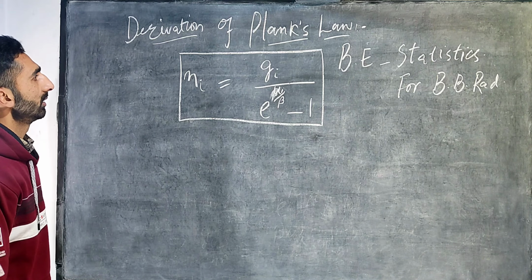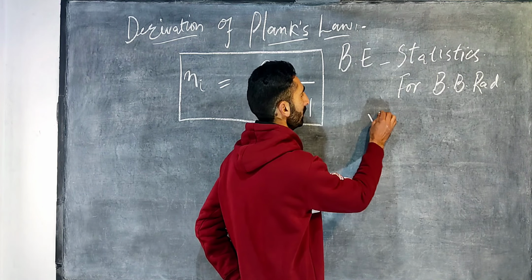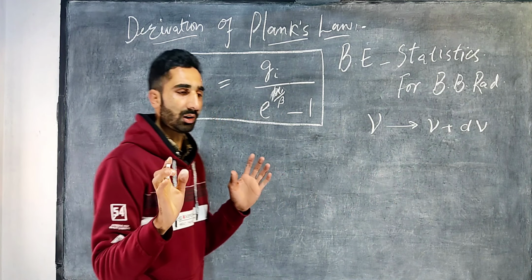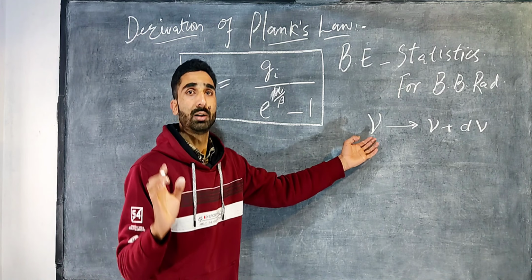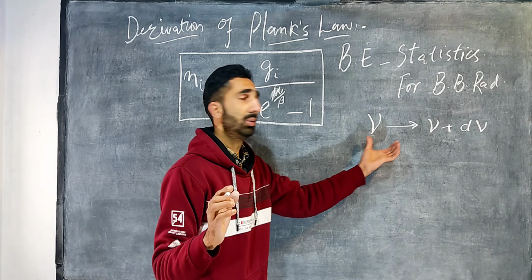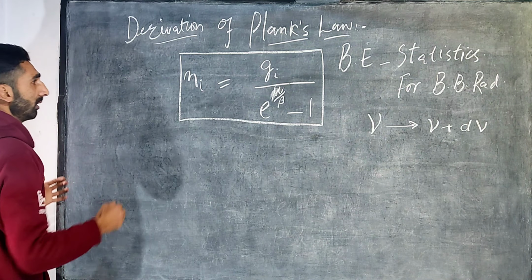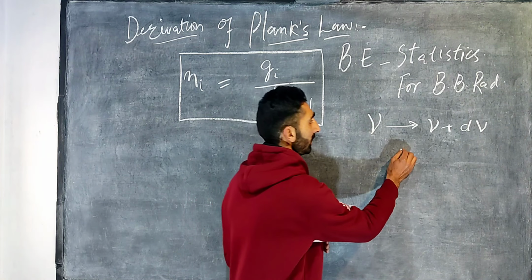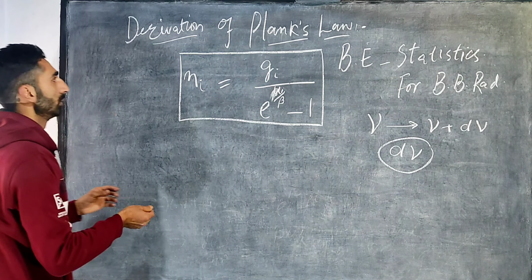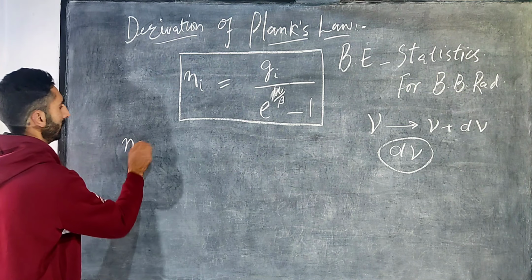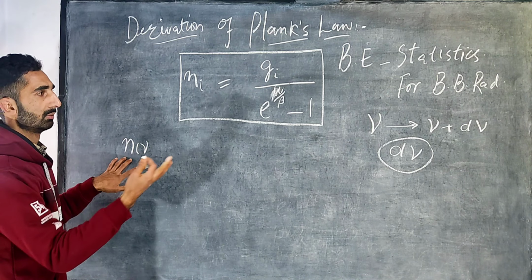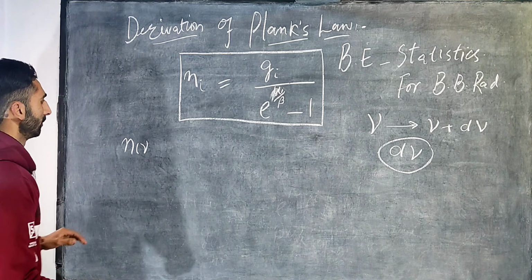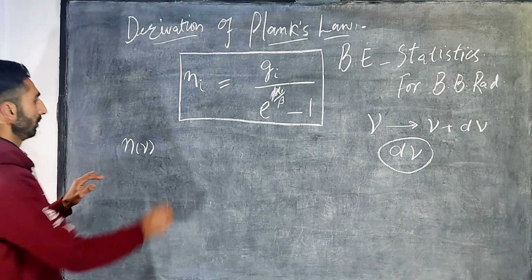So if we consider a frequency range from nu to nu plus d nu, that is, for a short interval of frequency ranging from nu to nu plus d nu, the number of particles within this range of frequency will be represented by n nu d nu.